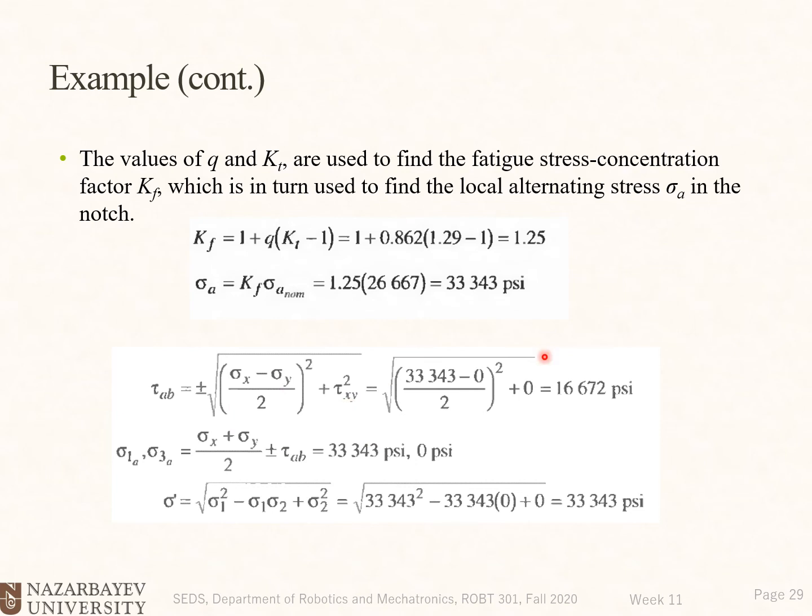Either from the formula or from the Mohr circle, practice it by both methods, and you should end up with the same number. If you do so, then you can find the sigma 1 and sigma 3 alternating values. Okay? So sigma 1a and sigma 3a. So this is the alternating principal normal stress.